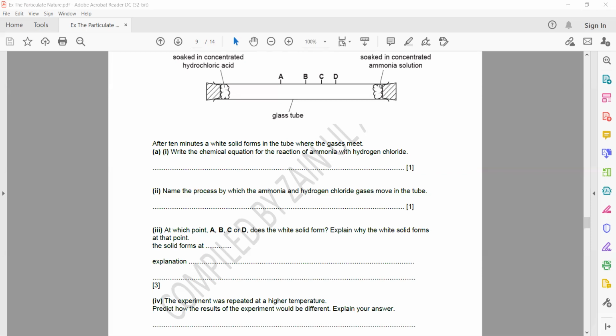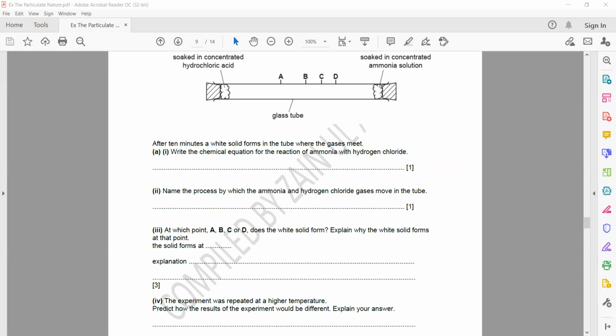When ammonia reacts with HCl, it forms a white solid. So if we repeat the experiment at high temperature, what will happen to the time for formation of this white solid? Will it form faster or take more time?